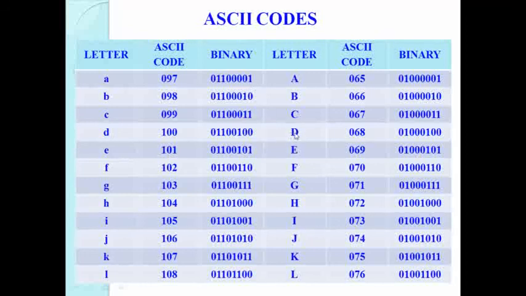For capital D, its equivalent ASCII code is 068 and its binary is 0, 1, 1, 0, 0, 0, 1, 0, 0. These are just a few ASCII codes I am taking here, because the total is 255 codes covering all alphabets, small letters, capital letters, all digits and symbols available on your keyboard. So these all are the ASCII codes.